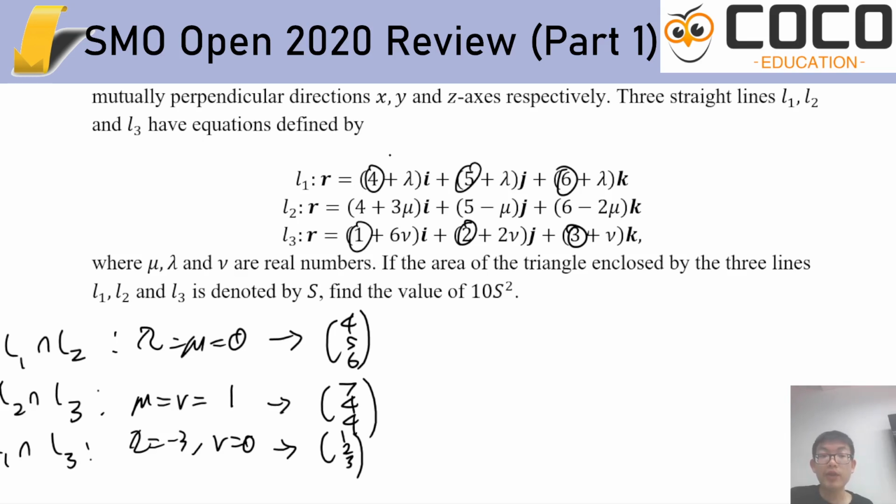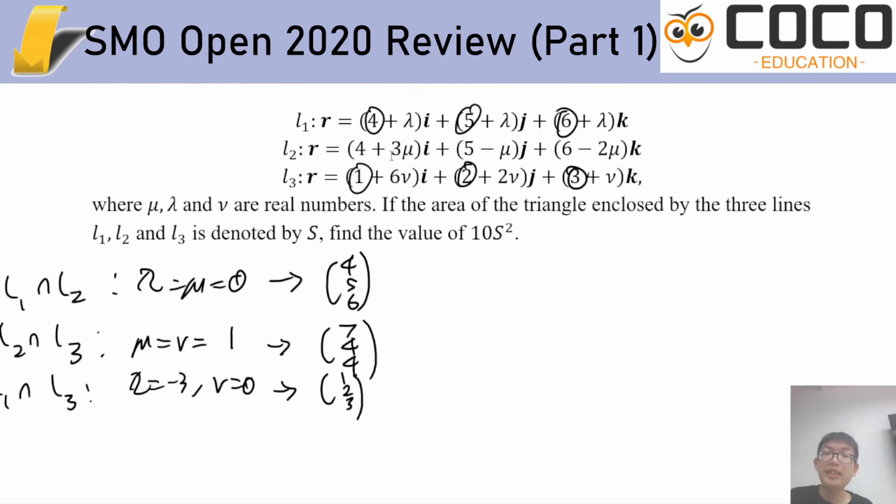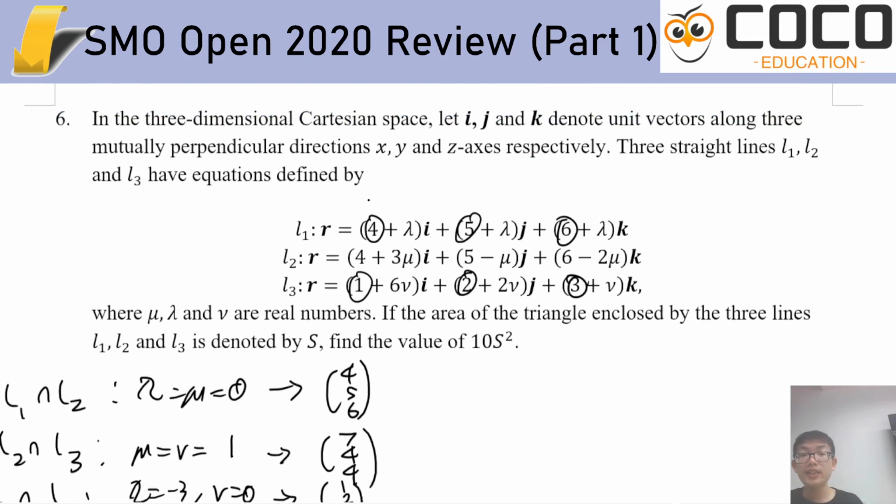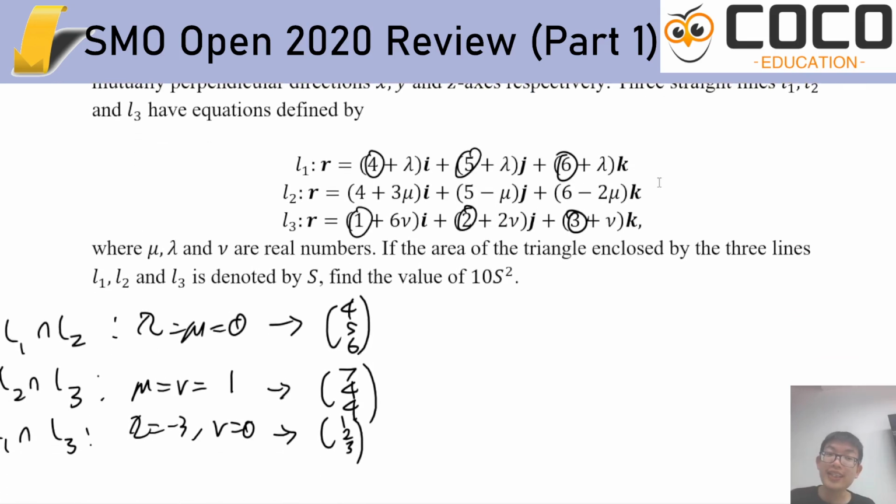Now, these are your 3 points. i, j, and k are just the x, y, and z directions, as has been indicated in the question. And so, technically speaking, if you don't know any vectors, I said it would be very confusing, but still you have a chance, because these just correspond to coordinates.